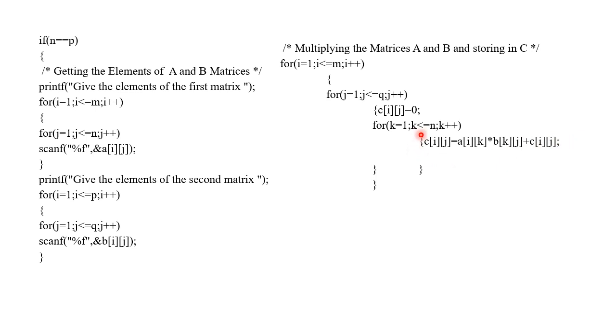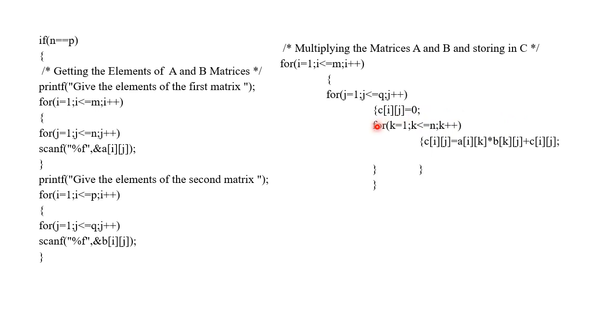And the next k, A13 B31 will be added, and so on and so forth. By execution of this for loop, the particular Cij will be calculated. Then for this j, for this for loop, various columns will be calculated. For this side, various rows will be calculated.